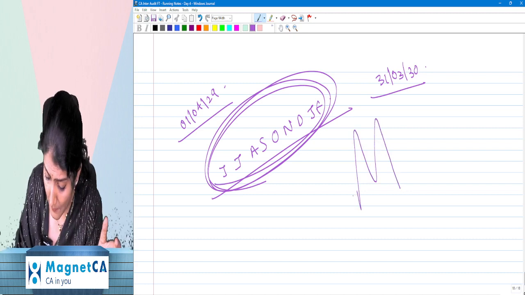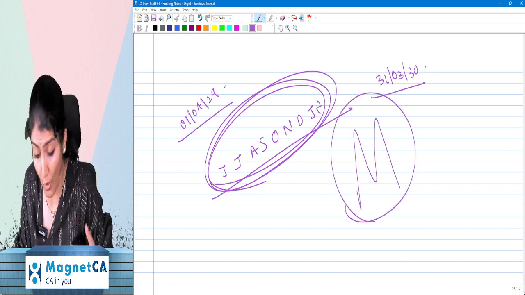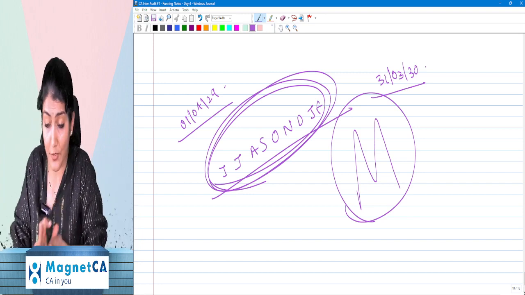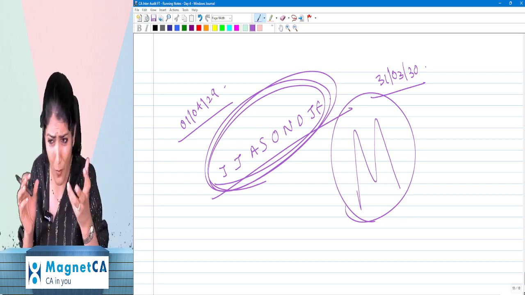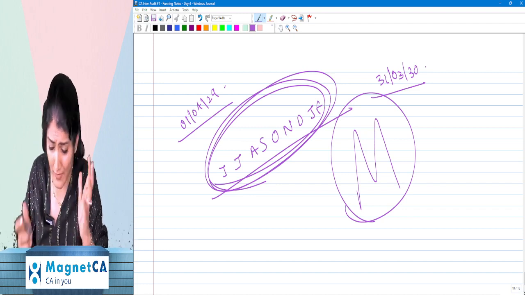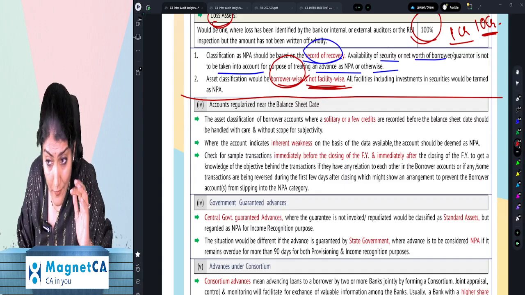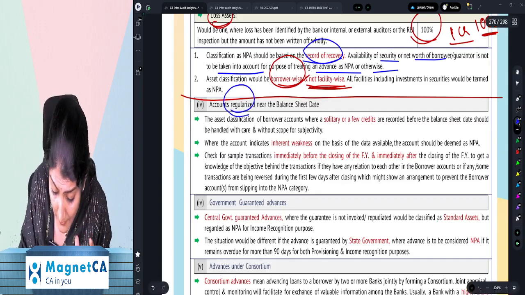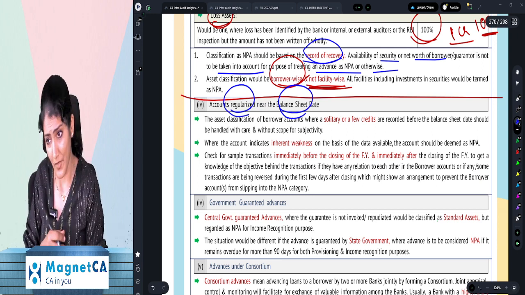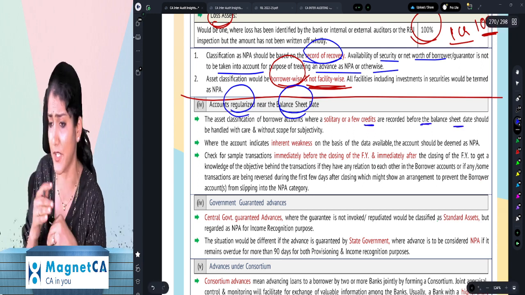All of a sudden, month of March, you see a change in the behavior. All of a sudden came to the bank and deposited the loan installment. So now you see, okay, is this just becoming good for 31st March and again 1st April, same old story? So that is why you have to be more careful for accounts which are regularized near about the balance sheet date, and where solitary, small few credits are recorded just before the balance sheet date.